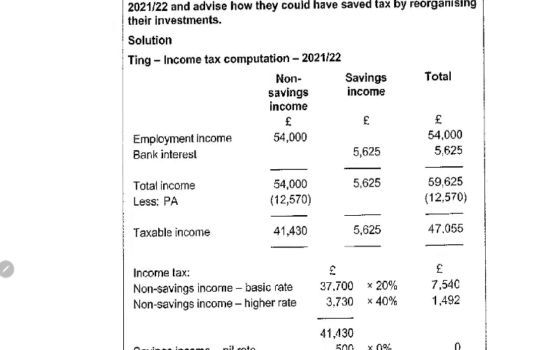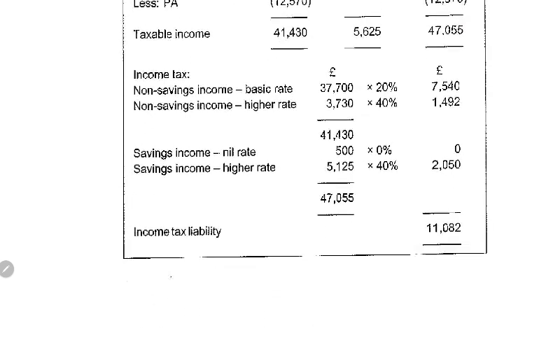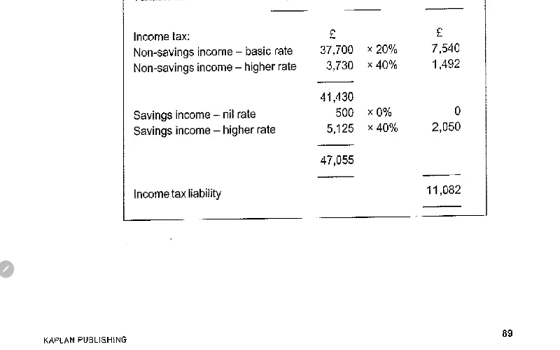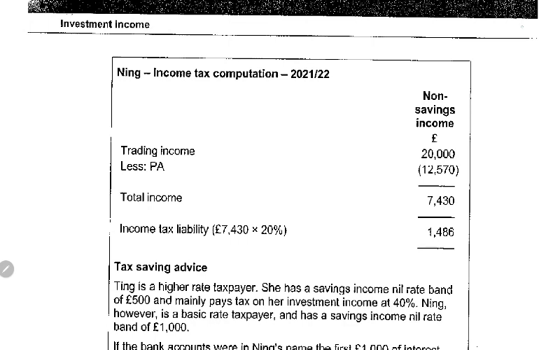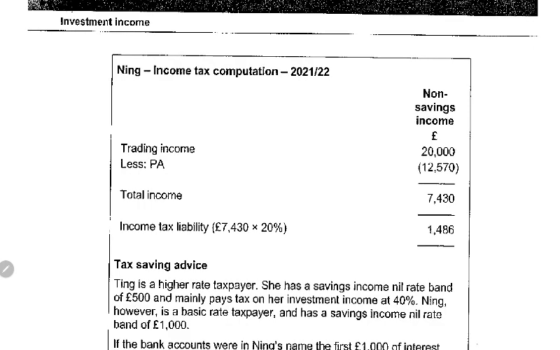So, if we don't transfer the income to the other partner, this is the calculation of Ting's income tax liability, and she has to pay tax of 11,082, while her partner Ning has to pay tax of 1,486.